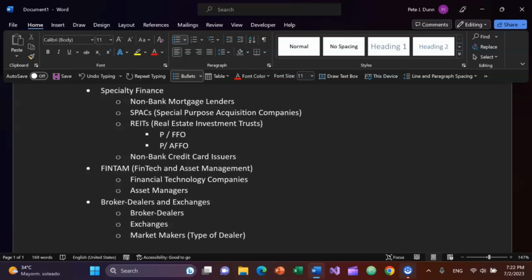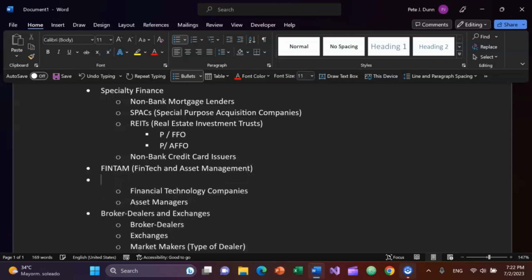And then you have FinTAM, which is fintech and asset management. These are EBITDA-based businesses. So you can value these.